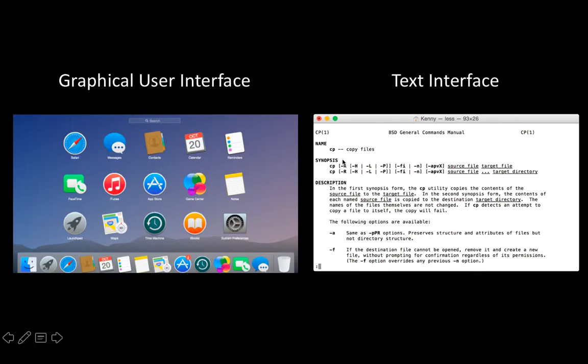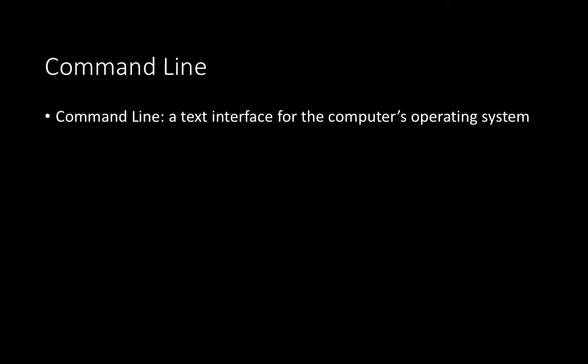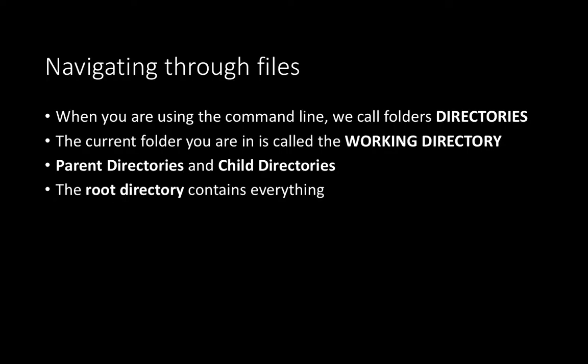You use commands in the form of text to give commands to your operating system. So in that sense, a command line is a text interface for the computer's operating system. And today we are going to be navigating through files using the command line.